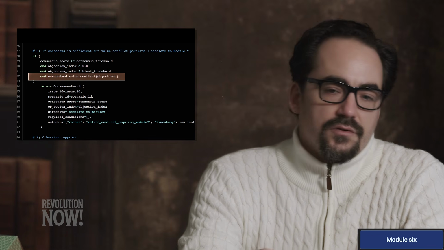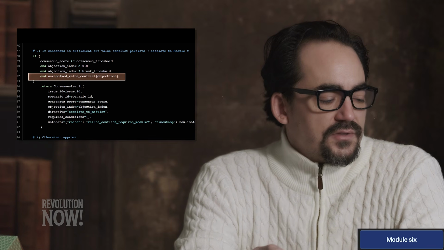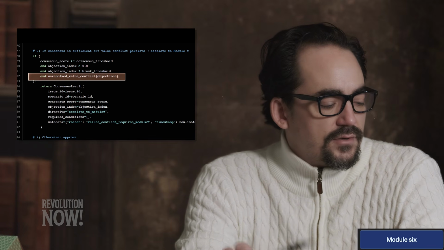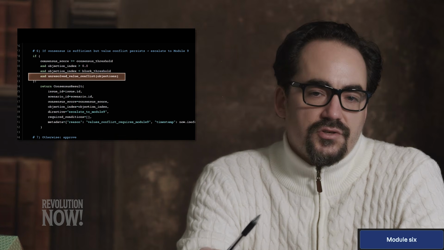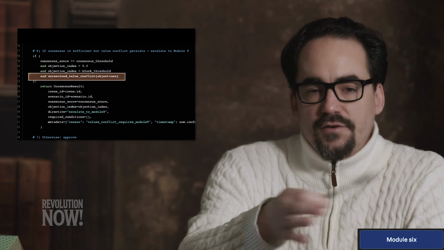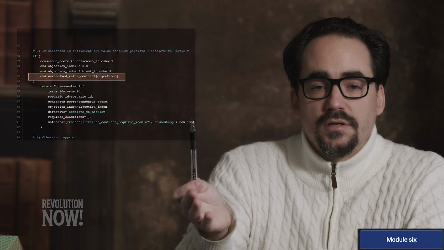as unresolved value conflict. Let's imagine we have a community and a very tiny percentage actually have a deep sentimental relationship to something like an artifact, a building, something historical that means something very specific to a particular group of people or individual.